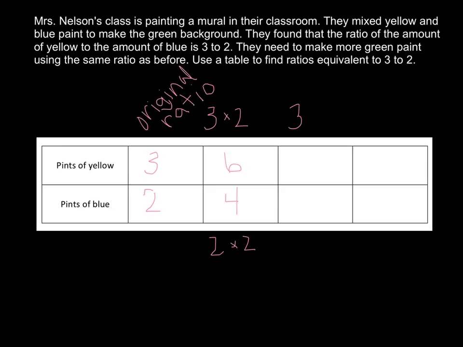Then I'm going to take my original ratio, multiply by 3, multiply by 3. And I would get 9 and 6. Then my original ratio, and I'd multiply by 4, multiply by 4. So I would get 12 over 8. Okay, and that is all that I need to do. We found equivalent ratios by multiplying the numerator and denominator by the same number.